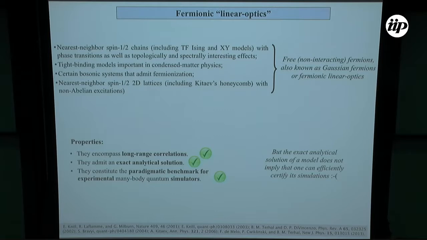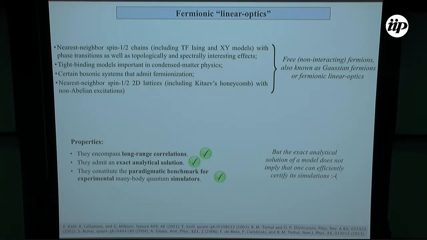Then, of course, you could ask me, what is the point of certifying a quantum simulation of a quantum system that has an exact analytical solution classically? The point is that people are using these spin 1/2 chains as a benchmark test for quantum technologies.